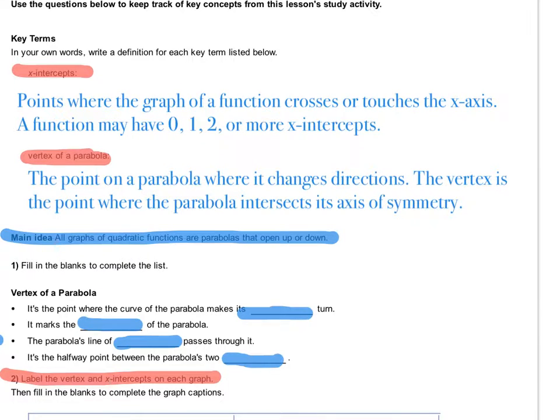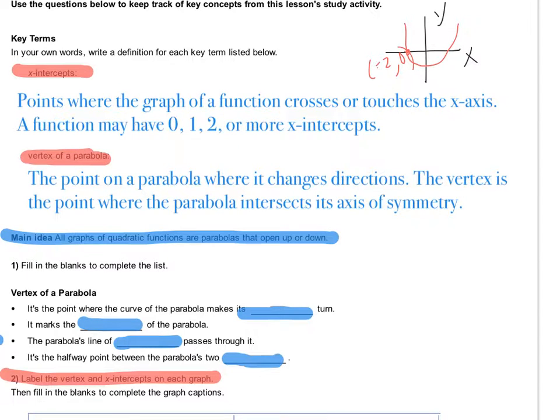So if I was to go ahead and draw a quick sample of what a parabola looks like, you have your y-axis as well as the x-axis. And let's say I have this parabola here that happens to go through this point right here. I'm just going to call it negative 2, 0. Really and truly, it could be negative 3, 0, whatever.